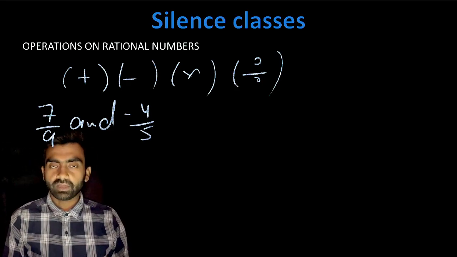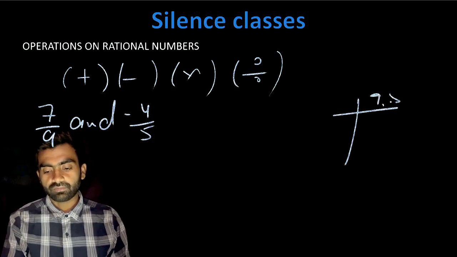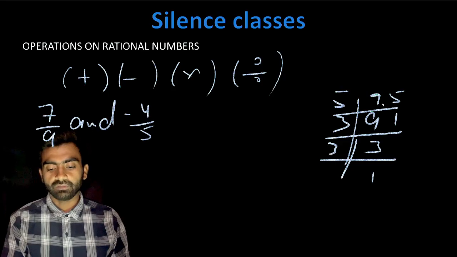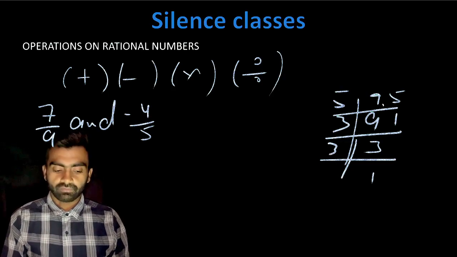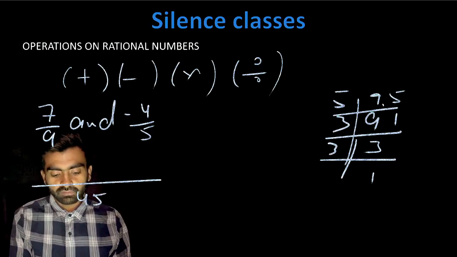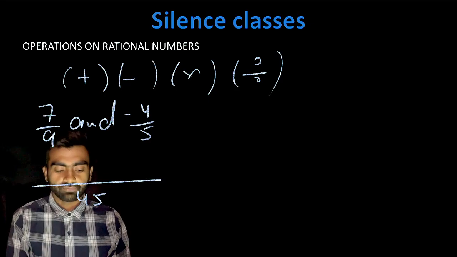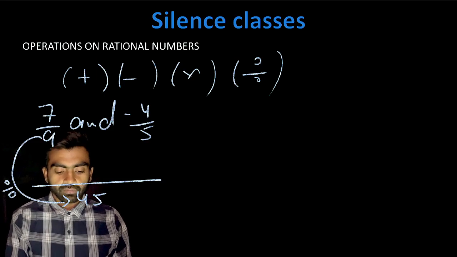So what you have to do first is take the LCM of 9 and 5. 5 ones are 5, 9: 3 threes are 9, and 3 ones are 3. 5 threes are 15, 15 threes are 45. So the LCM is 45. Now 9 fives are 45. Divide the LCM by the denominator.